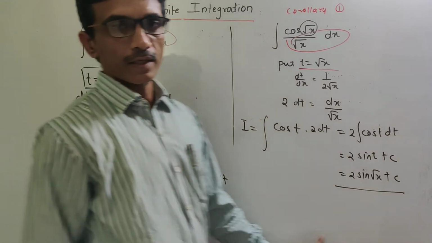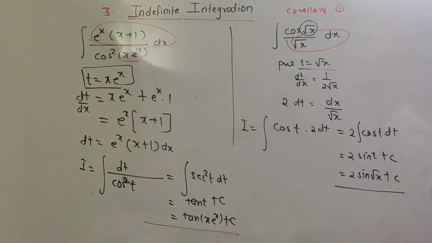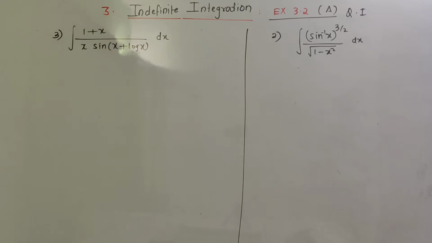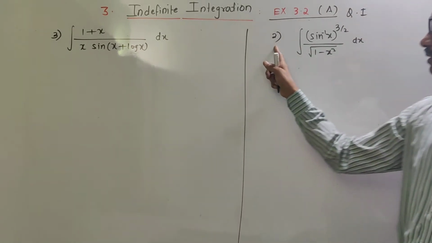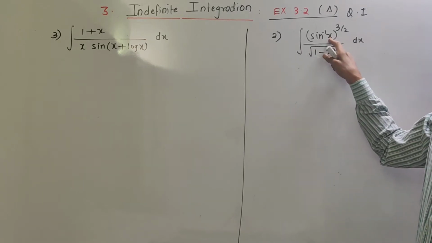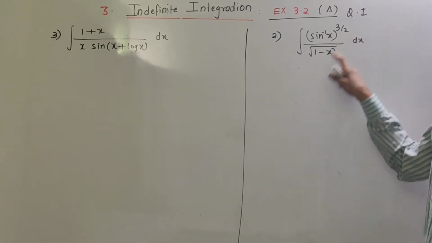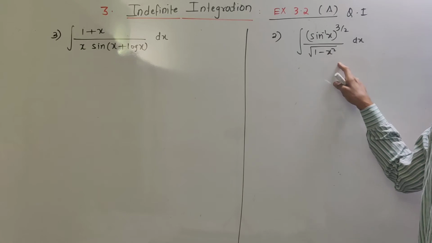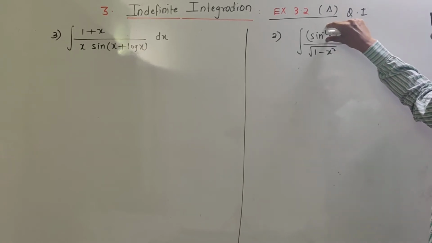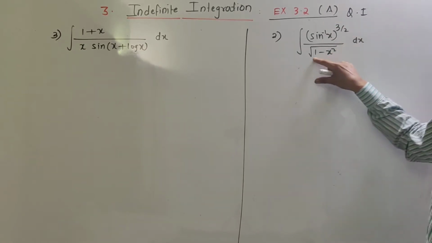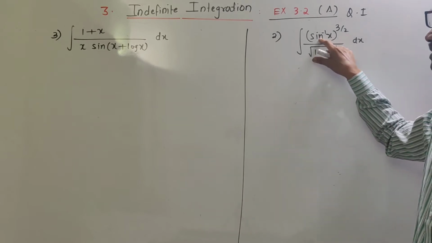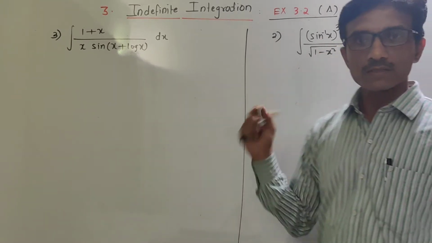From exercise we will take questions. Exercise 3.2, first question. In that second sub question, sine inverse of x raised to power 3 by 2 upon root of 1 minus x square. So we know sine inverse x derivative is 1 upon root of 1 minus x square. इसका sine inverse x का derivative root of 1 minus x square है.